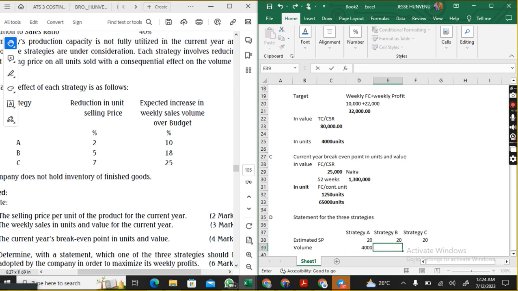Let me use this particular one so as to differentiate it.